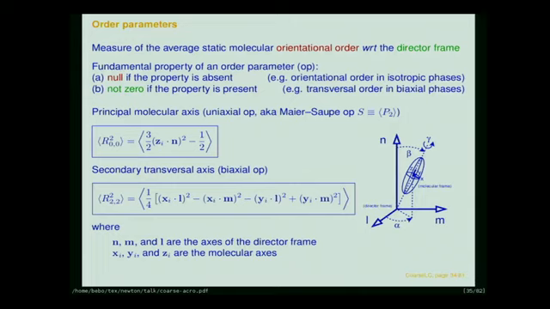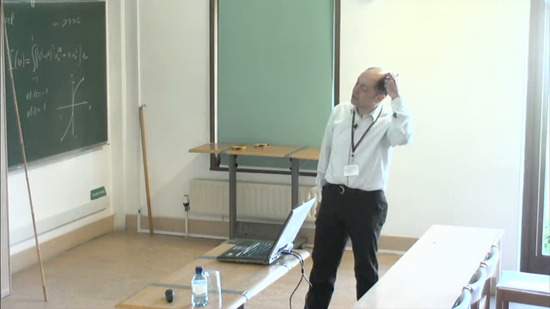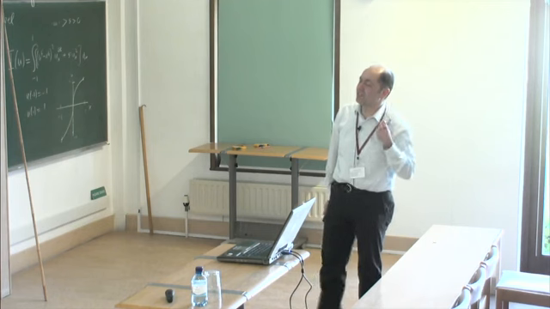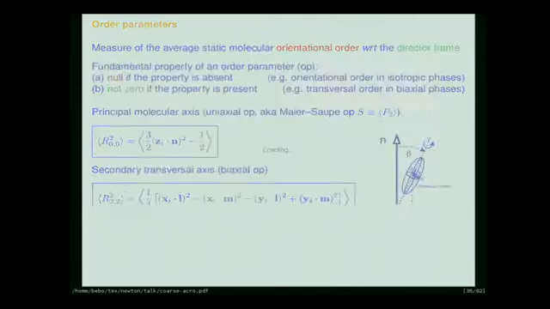On the other hand, if one has biaxial particles and possibly a biaxial phase, one could also be interested in measuring the average orientation of the transversal molecular axes Y and X with respect to the transversal secondary directors of the phase, M and the one perpendicular to it, L. So one can define a suitable second biaxial order parameter that has this sort of expression.